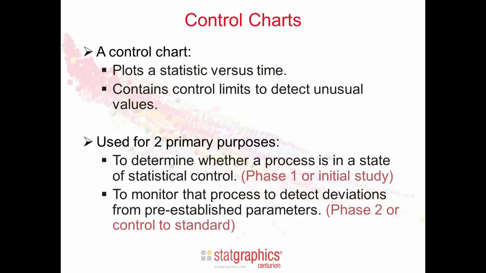You may have come to an agreement with your suppliers and so forth that you will produce a product with a certain mean and a certain standard deviation. In that case, you'd want to use a phase two or a control to standard control chart to monitor that process and be sure that it continues to produce at those pre-established parameters.